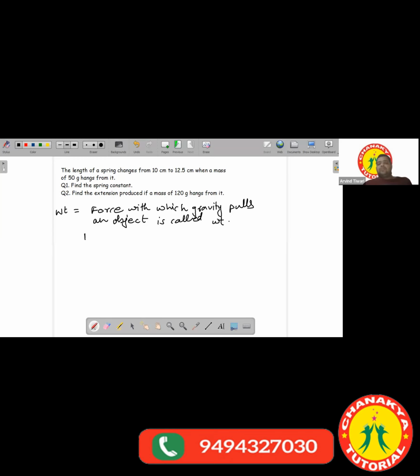Now, how do we find that force? Weight is given by the formula mg, where g is 9.8 meter per second square, the acceleration due to gravity, and m is the mass of the object in kilogram. So, can you convert this 50 gram to Newton?